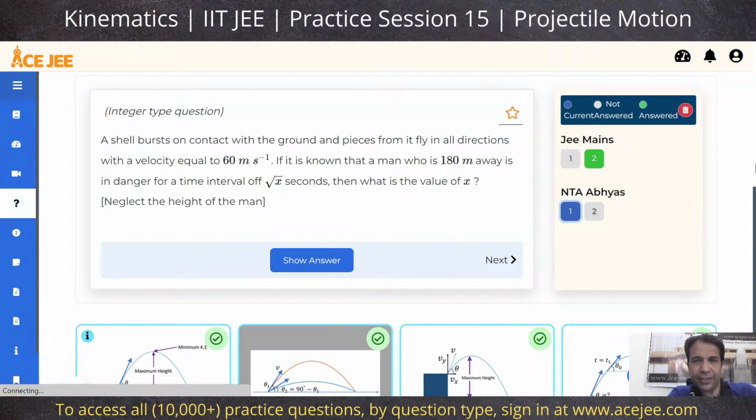It says neglect the height of the man, otherwise the question will get slightly interesting.